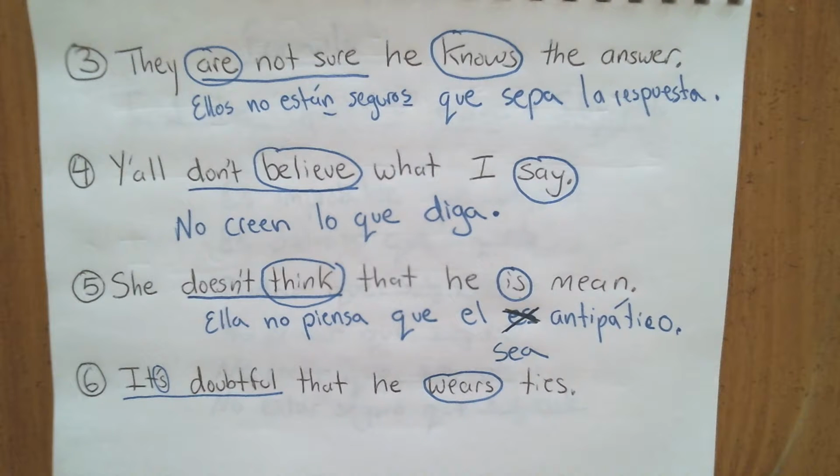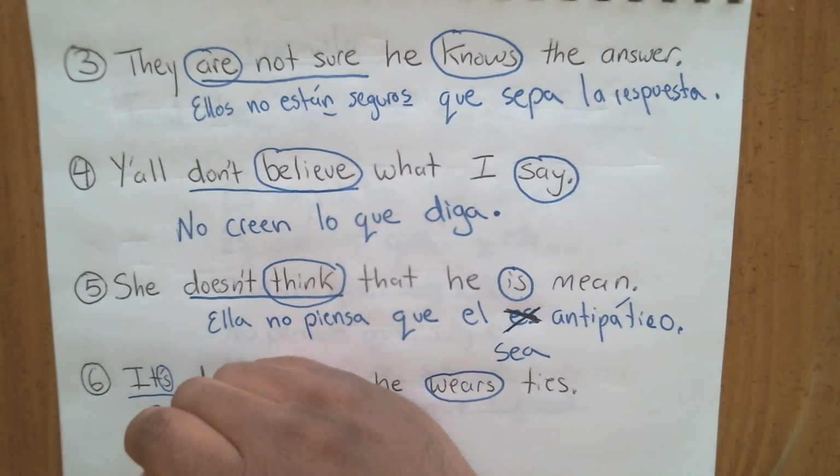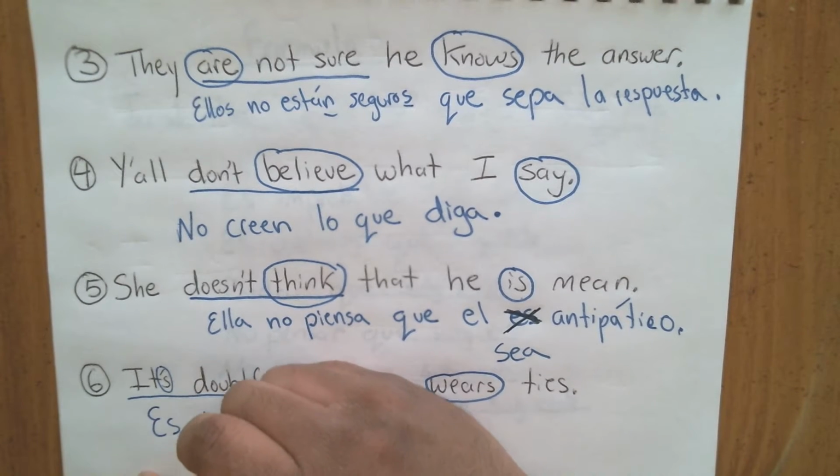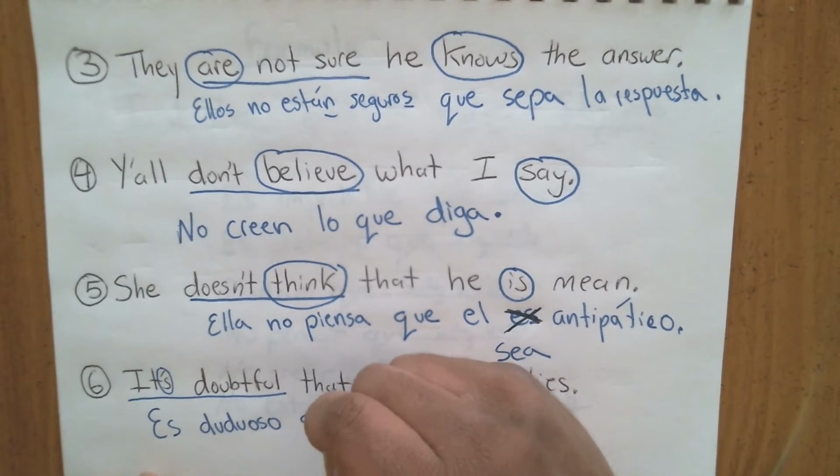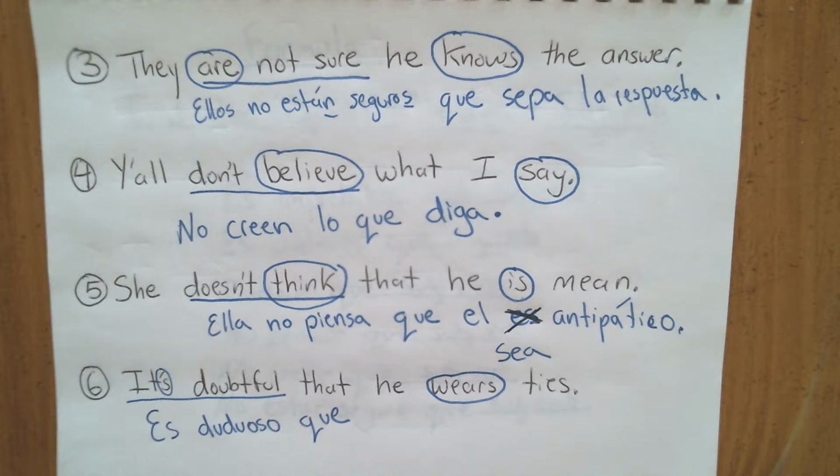Now, it's doubtful that he wears ties. The part of the verb expressing the doubt is indicative. It would just be es dudoso que, meaning it is doubtful that, and you're expressing something that you don't know is true. He wears, that's the verb llevar, or llevar, if you say it with a more Latin American accent.